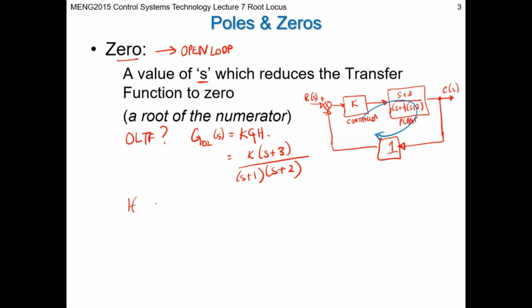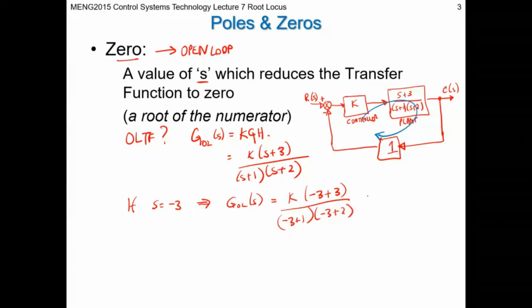Well, yes, we do, because if S equals -3, then our open loop transfer function is going to be K times (-3 plus 3) over (-3 plus 1)(-3 plus 2) equals 0, because -3 plus 3 is 0 on the numerator, so the overall value of the transfer function is 0. So S equals -3 is a 0.